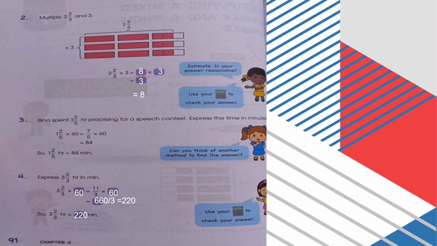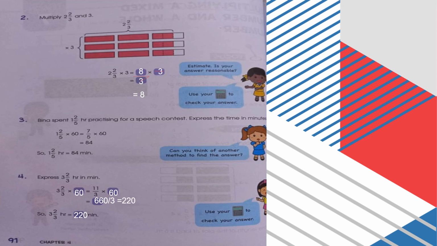So 1 2/5 is equivalent to 5 into 1 is 5 plus 2 equals 7 over 5 multiplied by 60. And as we know that 5 into 12 is equal to 60, we can cancel out 5 and 60 with each other, and on further solving we multiply 7 with 12, so we have 84 as our answer.